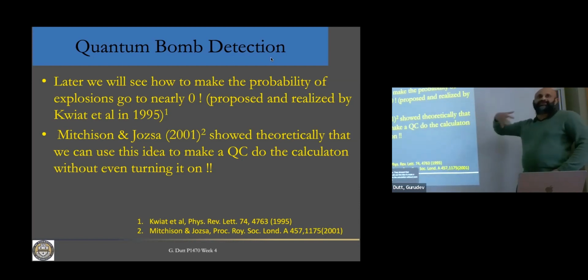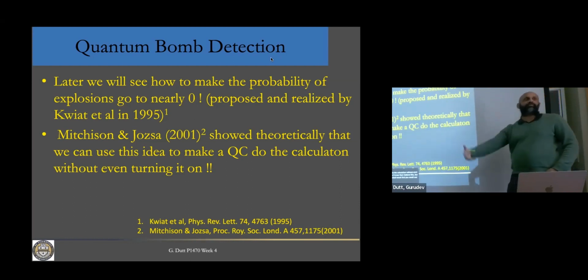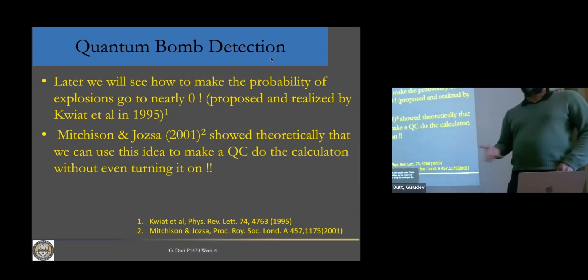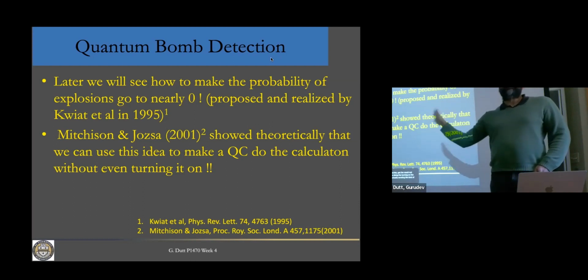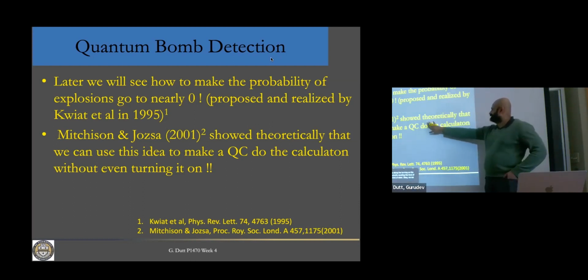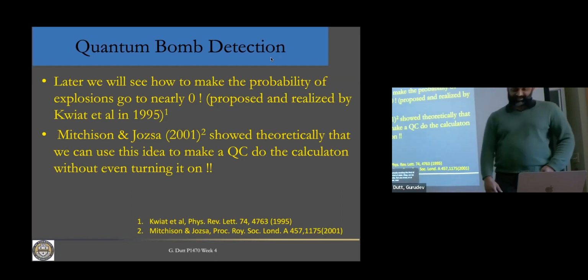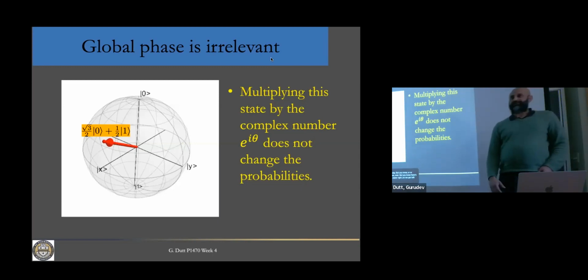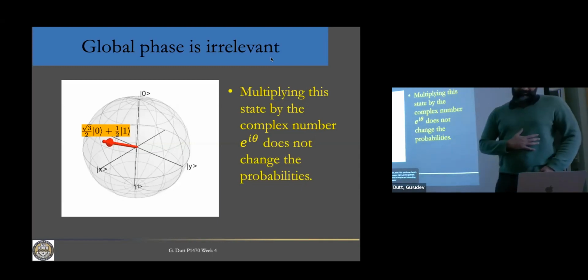I don't know that I believe this, but it's a theoretical result that you could use a similar idea to never actually run the quantum computer, but by simply interrogating it in this funny way with a qubit state, you could get the result out without actually sending the quantum computer into any kind of state. Okay, we won't cover that today, or probably in this class ever. But here's a reference to that paper as well. And we can talk about that. That could be maybe an interesting project for a term paper or something like that.